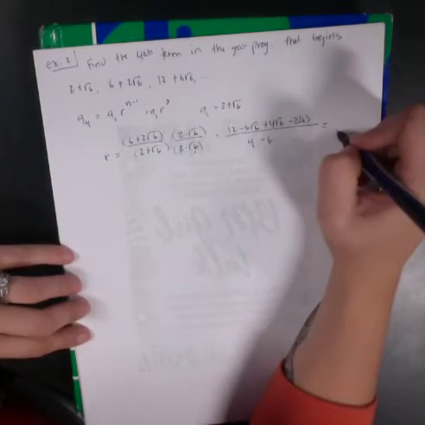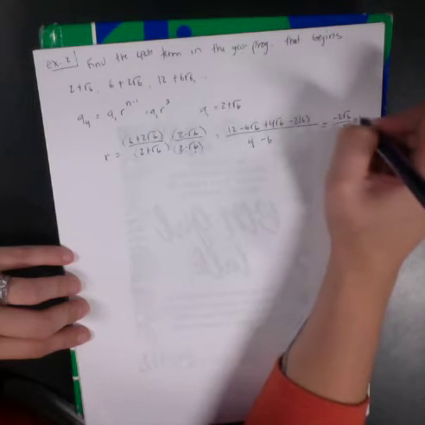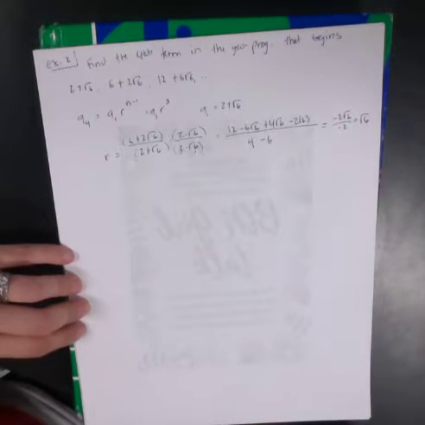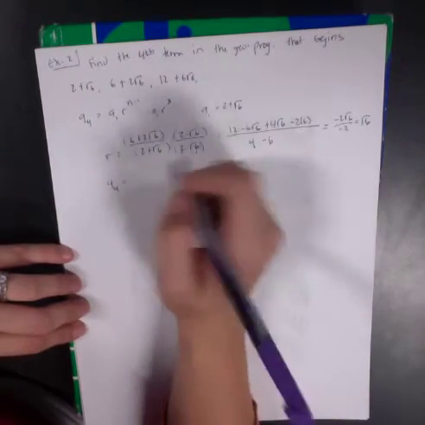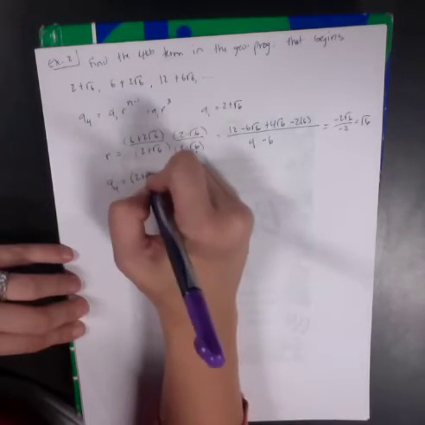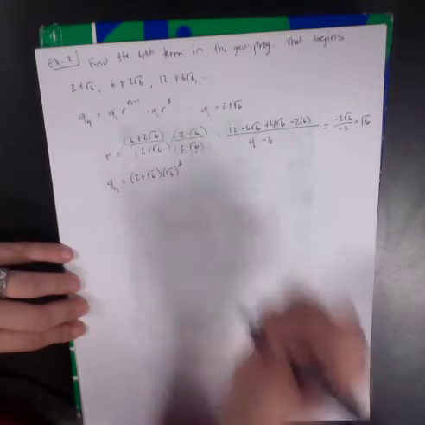So if I simplify all of this, it gives me negative 2 root 6 over negative 2, which is just root 6. That's my r. So a4, the fourth term, is a1, which is 2 plus root 6, times my r, which is root 6, cubed.